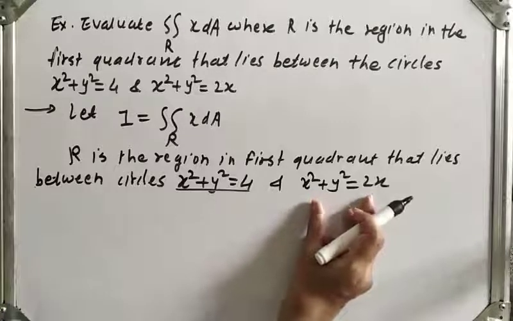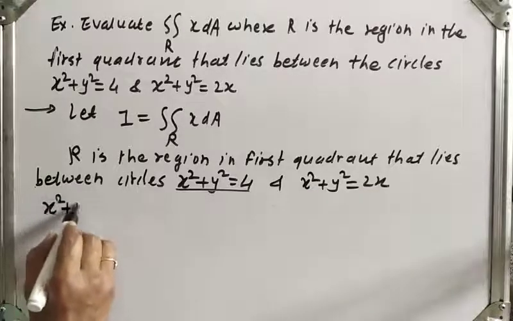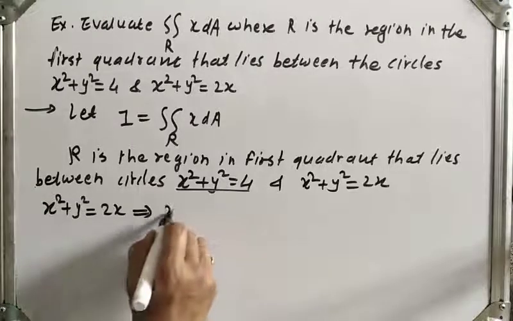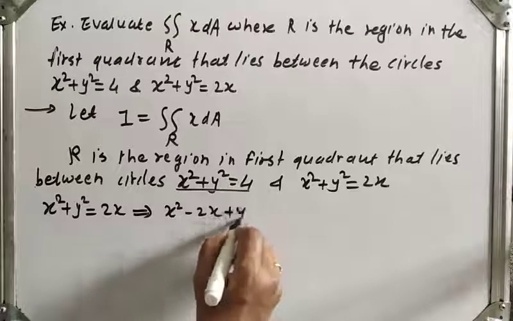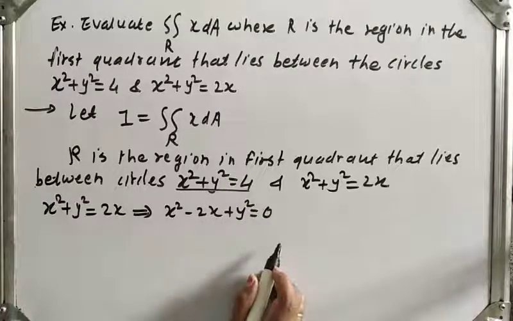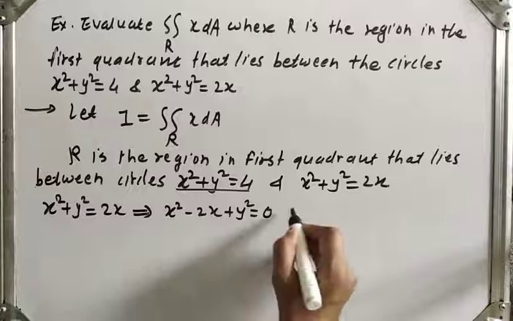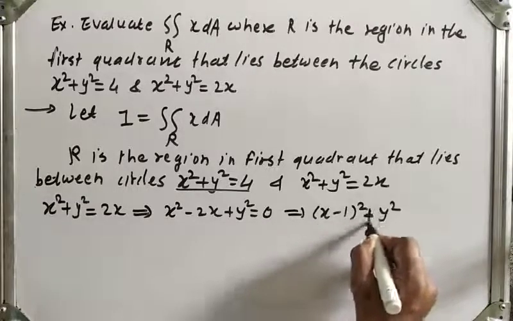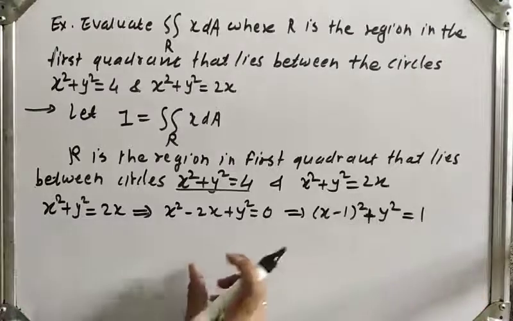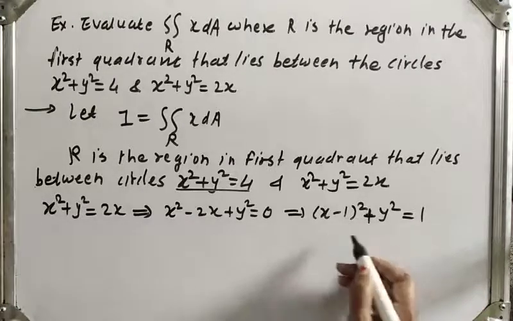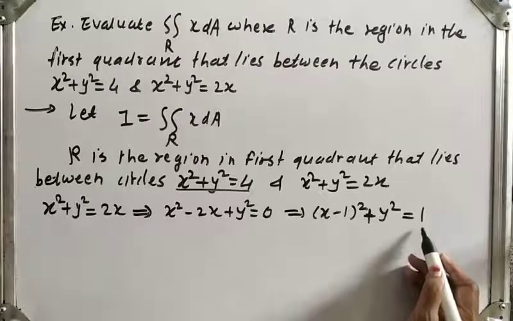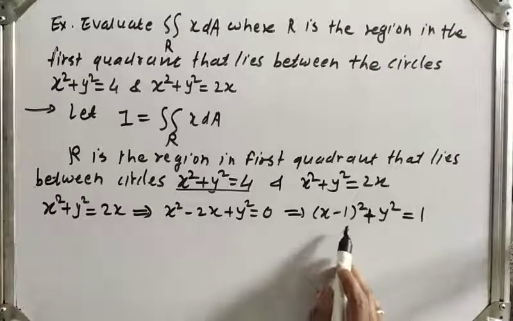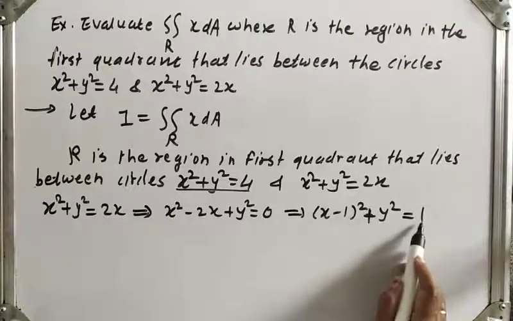The second equation can be written as x² - 2x + y² = 0, that is (x - 1)² + y² = 1, the equation of a circle with center (1, 0) and radius 1.